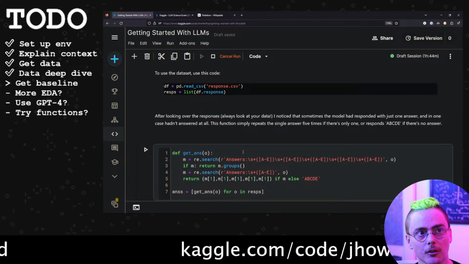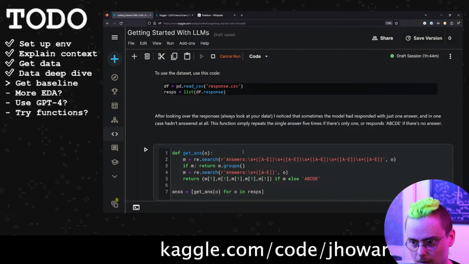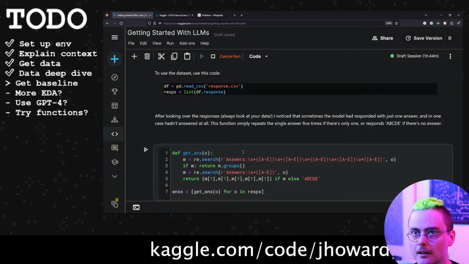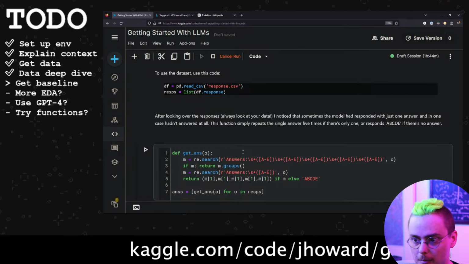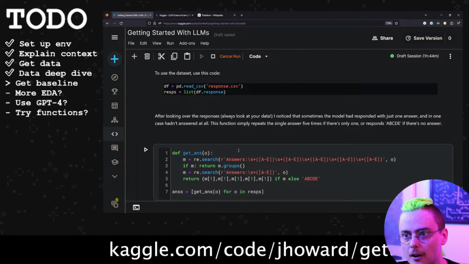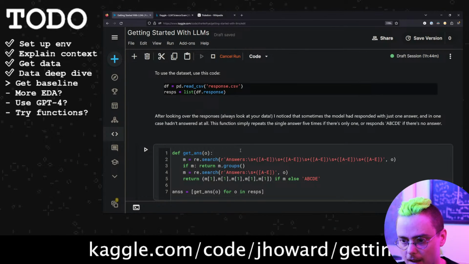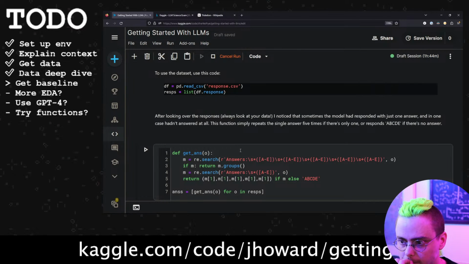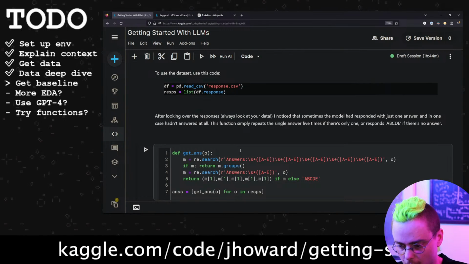Your goal is to output the correct answer in one of your first 3 answers. So the model outputs a ranked order of the answers, so it puts its favorite answer first all the way to its least favorite answer.